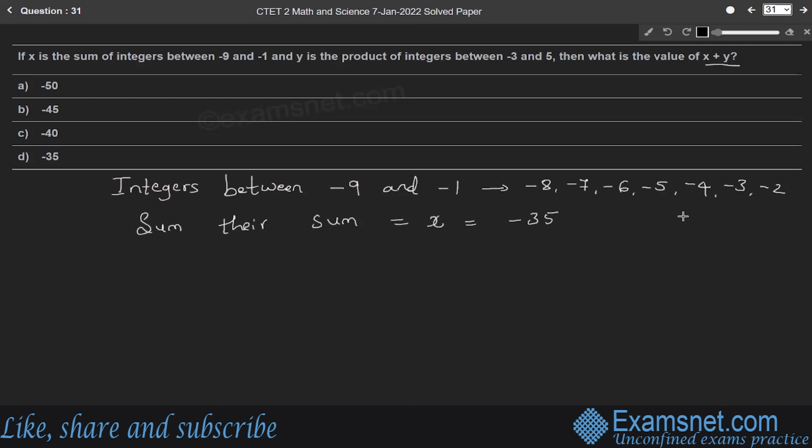And integers between -3 and 5 are -2, -1, 0, 1, 2, 3 and 4. Right?